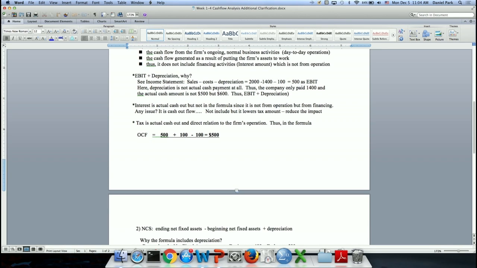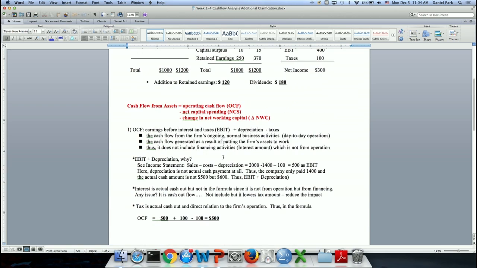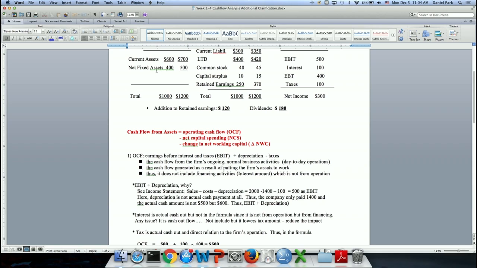So we have OCF using the formula, $500 million. Let's move to the second one. That's net capital spending. Net capital spending is the money you spend on fixed assets. So here, the fixed asset 400 became 500.